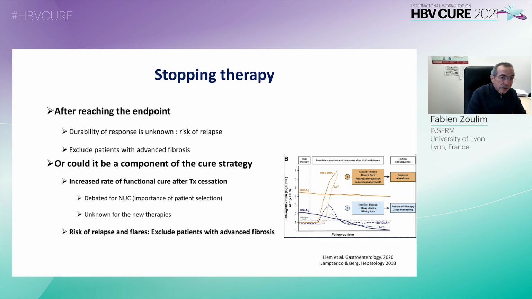The other point is whether the stopping strategy should be a component of the cure strategy, and whether this would increase the rate of functional cure after treatment cessation. It is still debated when we think of only stopping nukes. For the newer modes of action, we still don't know. In any case, we should be extremely cautious and exclude patients with advanced fibrosis because of the risk of relapse and flares.